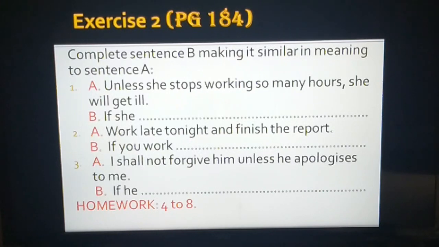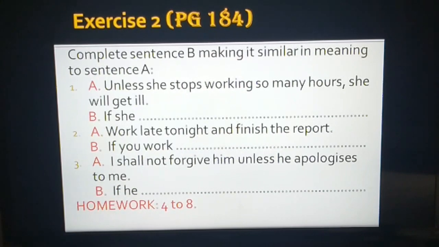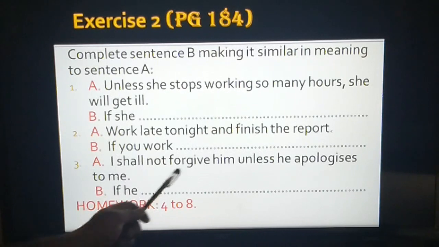That is the answer. Second one, work late tonight and finish the report. Start with if you work. So if you work, what will be the answer? If you work late tonight, you will finish the report. Third one, I shall not forgive him unless he apologizes to me.